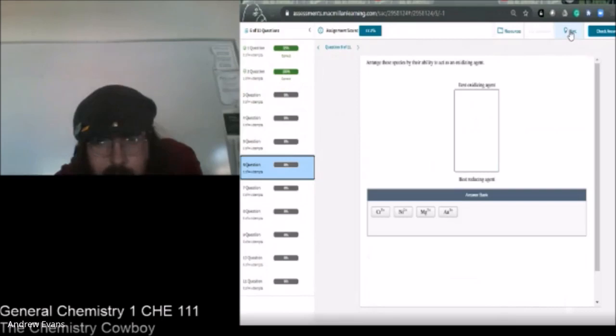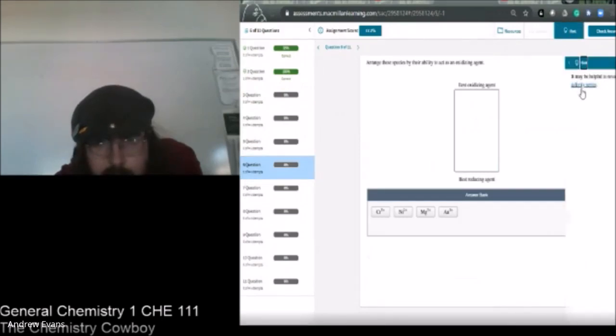Well, this guy is a little bit harder. Put these guys in order of oxidizing agents. But to do that, you can't really do that without either guessing or looking at the activity series.